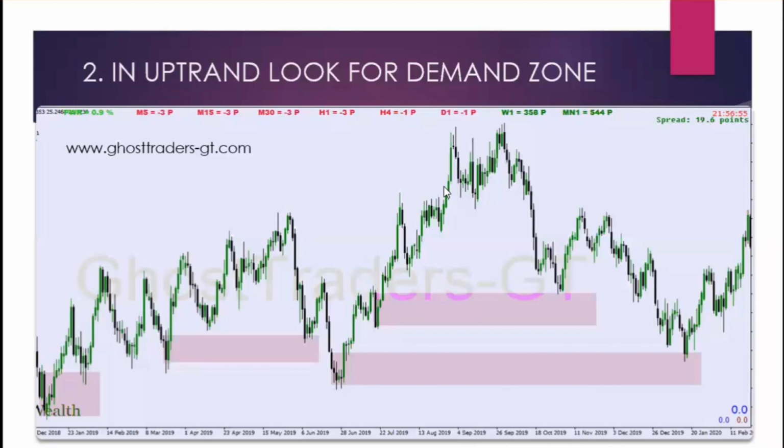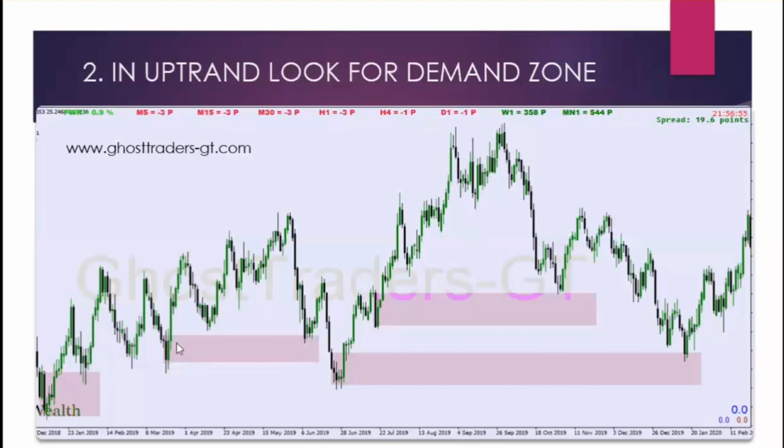The market is taking out the previous highs in an uptrend. So that is why it is very key for you to identify the trend before identifying a supply and demand zone. So the only thing we can look at now is demand zones only because we are in an uptrend.